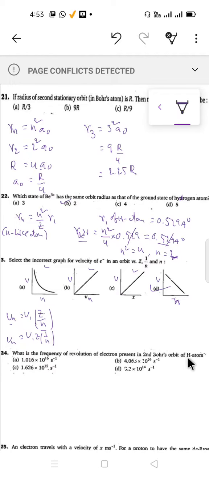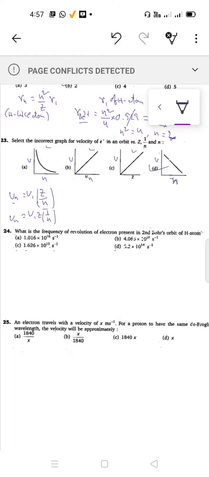of the hydrogen atom? Okay, let us finish it. Okay, next question is what is the frequency of revolution of electron present in the second Bohr orbit of hydrogen atom?